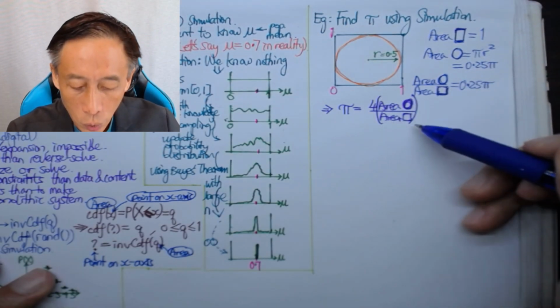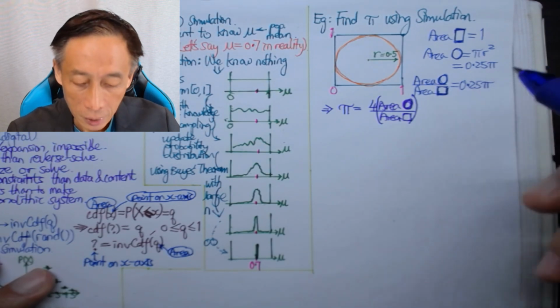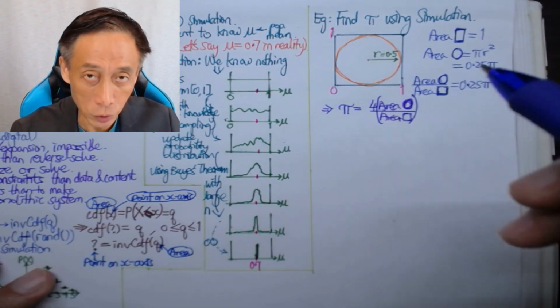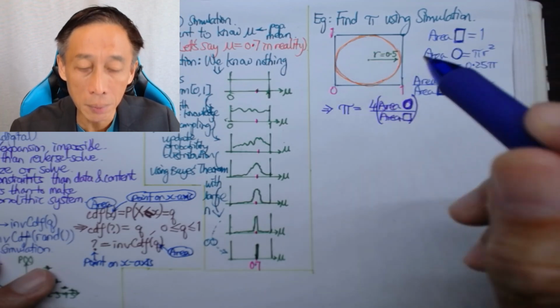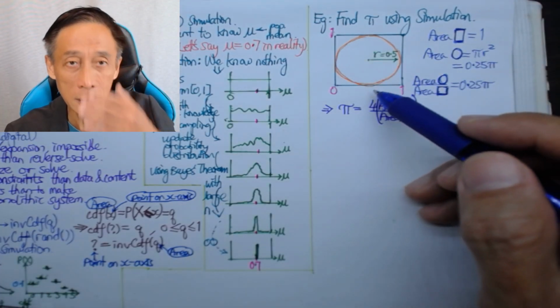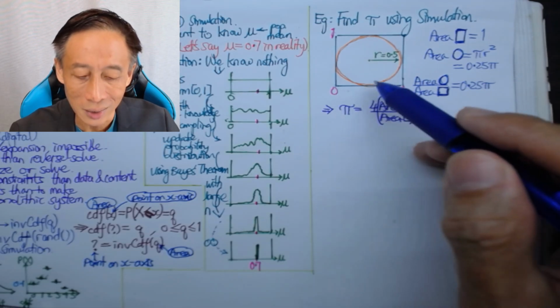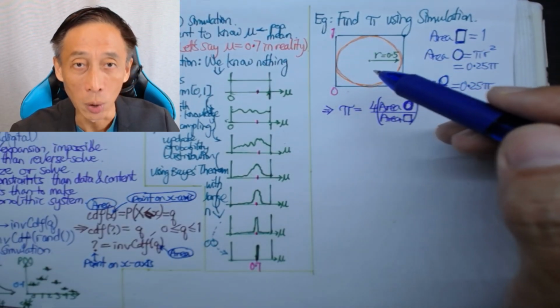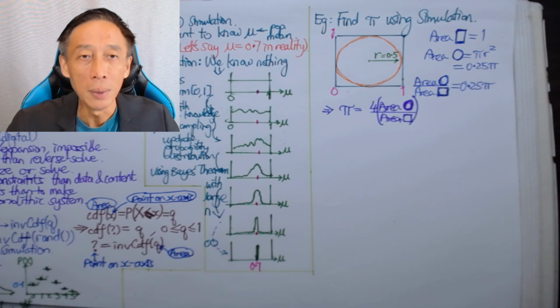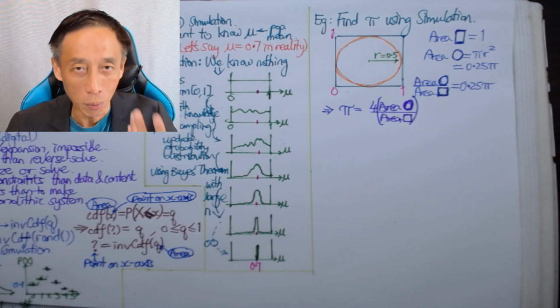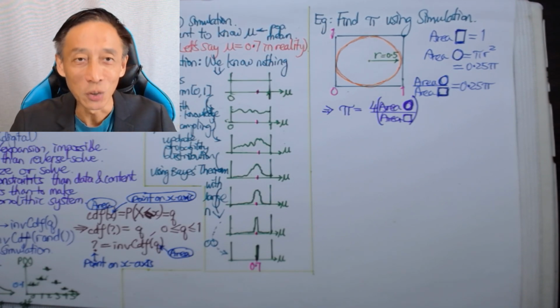But this ratio can be simulated by throwing darts. Right? We're just going to throw darts randomly, closing our eyes. We're going to throw darts randomly between 0 to 1 on the x-axis and 0 to 1 on the y-axis. So that means throw a dice, get a number between 0 to 1. That forms our x coordinate.